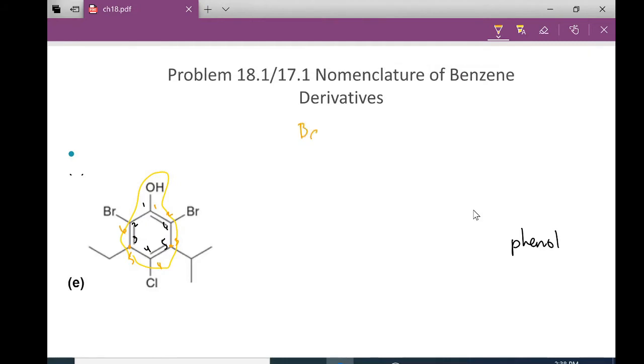Okay, so let's alphabetize these guys. So we've got bromo, so that's 2,6-dibromo. And then we've got 4-chloro, and I'm sorry, no, 5-isopropyl. We've got 3-ethyl. So the ethyl goes here, and then the isopropyl comes last.